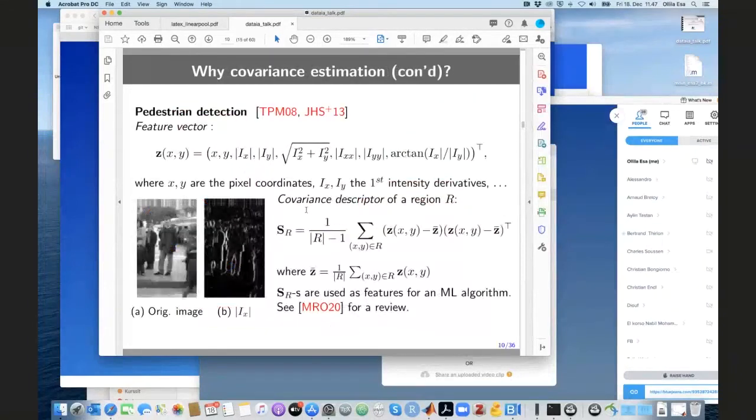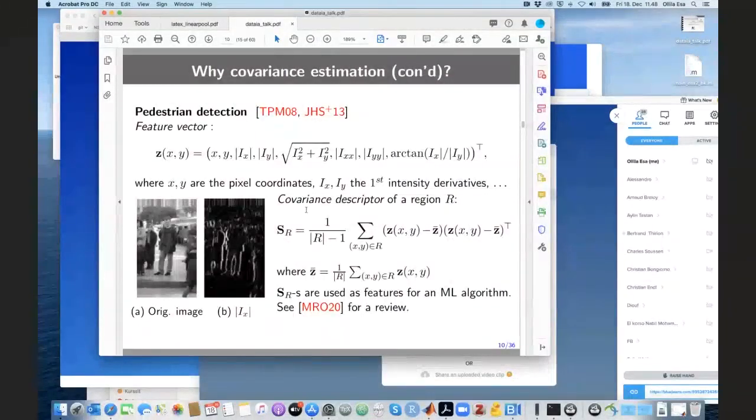One field that we have been recently looking at is computer vision, pedestrian detection, because there you build a feature vector for each pixel, and from these 8-dimensional feature vectors you compute a covariance descriptor based on a region that you choose from the image.